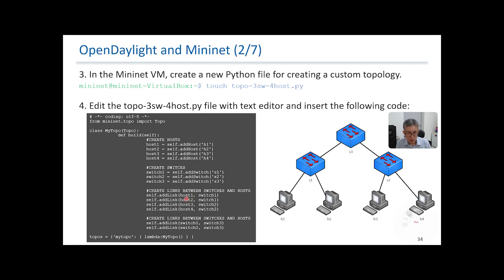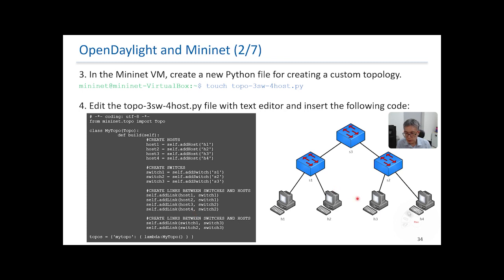Okay, so host 1 and switch 1 are connected with an L2 layer link, and in the same way host 2 and switch 1 are connected. Host 3 and switch 2 are connected using this command.